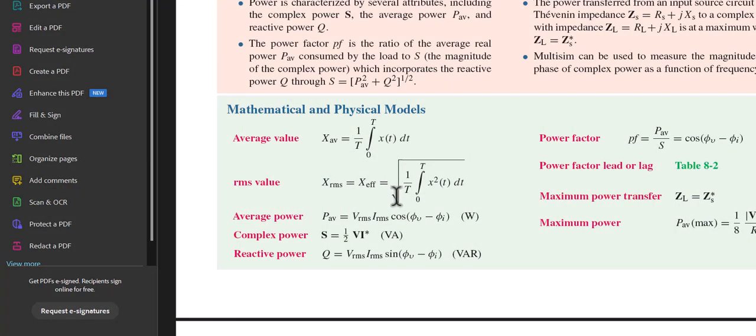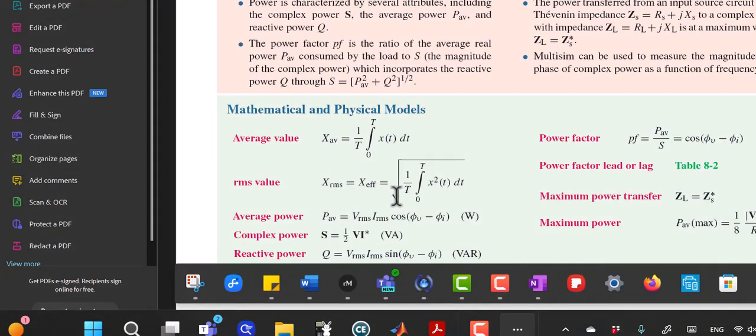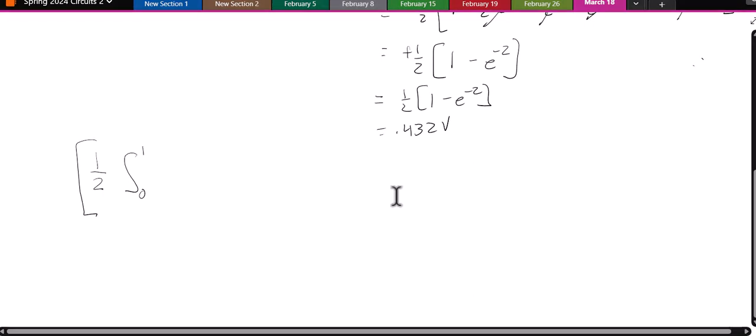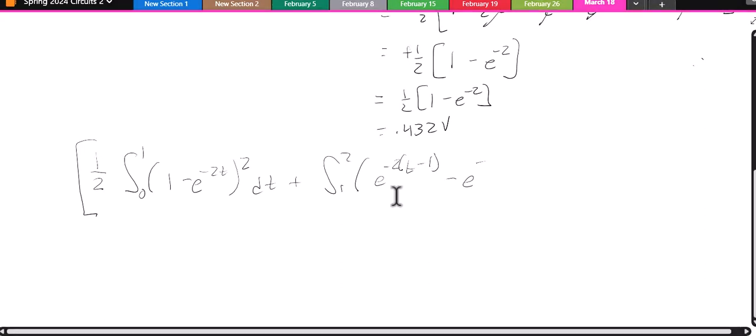So our interval is still going to be from 0 to 2, and we will have the integral from 0 to 1 of (1 minus e to the minus 2t) squared dt plus the integral from 1 to 2 of (e to the minus 2(t minus 1) minus e to the minus 2) squared dt.